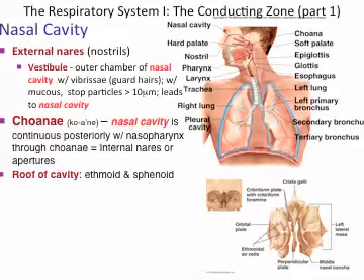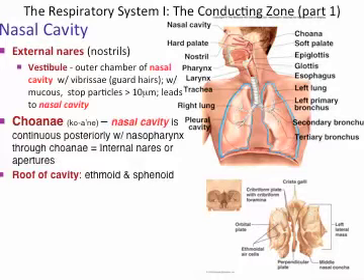The roof of the nasal cavity is comprised of the ethmoid and sphenoid bones. In the bottom right cartoon, in the upper left of that cartoon, you see the front part of a skull.